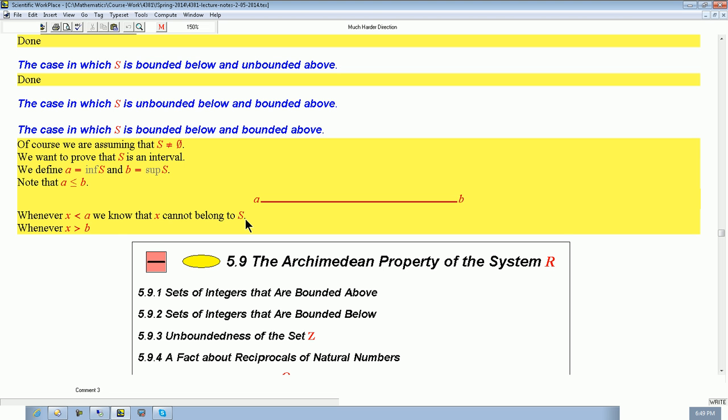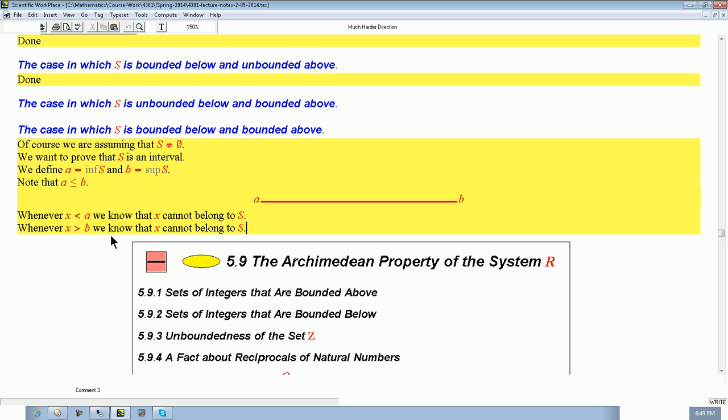That's why for every, you see? Whenever X is greater than B, we know that X cannot belong to S because B is a known upper bound of S. If you're bigger than an upper bound, you're not allowed to belong to the set, right?